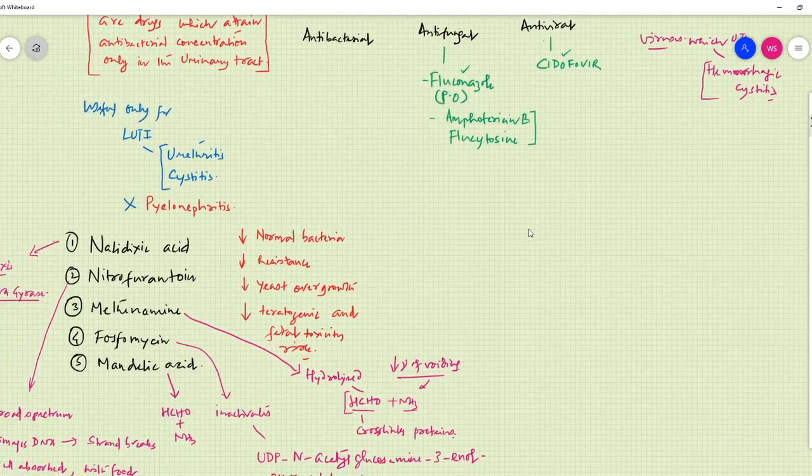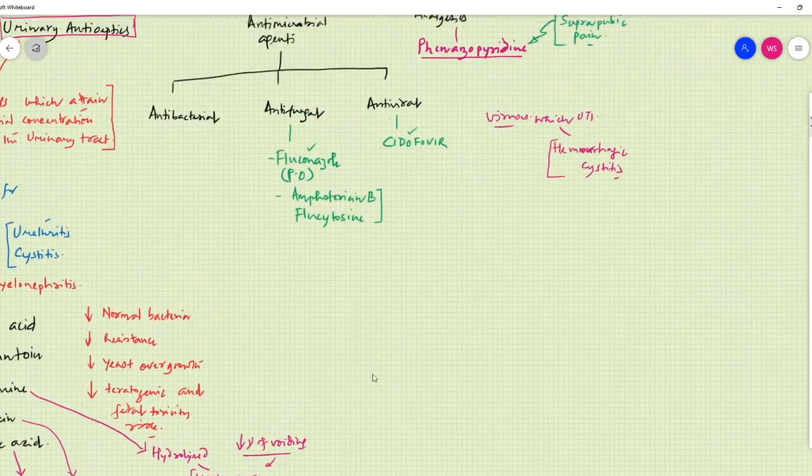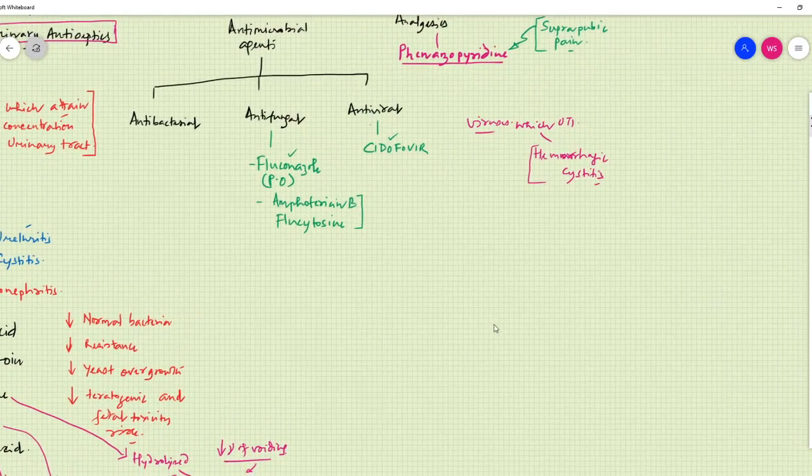It should figure higher in the differential diagnosis. As we said, in the immunocompetent host, UTI caused by bacteria is the highest. Therefore, we will look at antibacterial drugs in some detail.